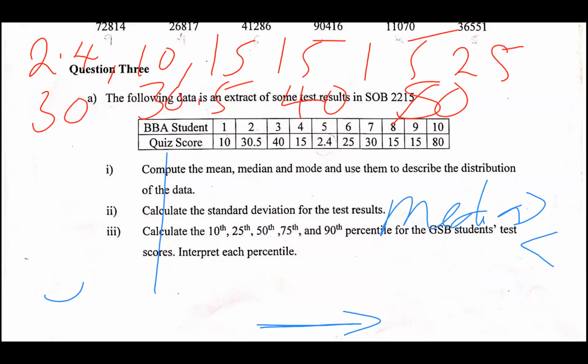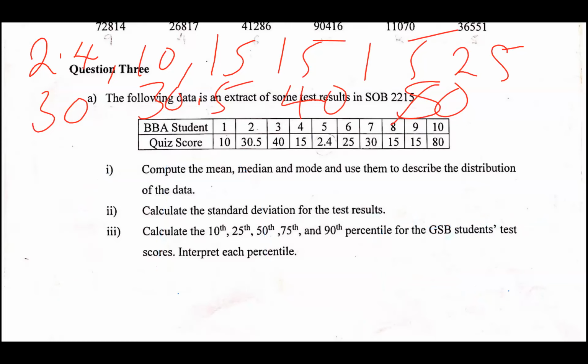Now about the standard deviation. Calculate the standard deviation of the test results. We may not find the standard deviation if we don't have the mean, because to find it we have to do the summation.